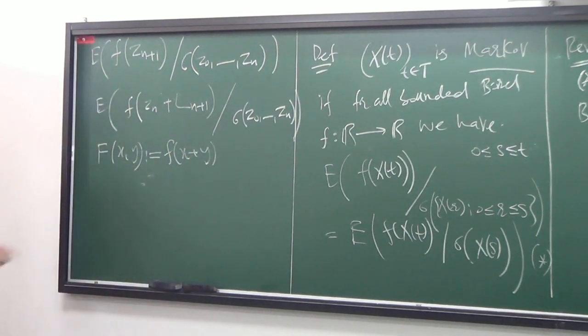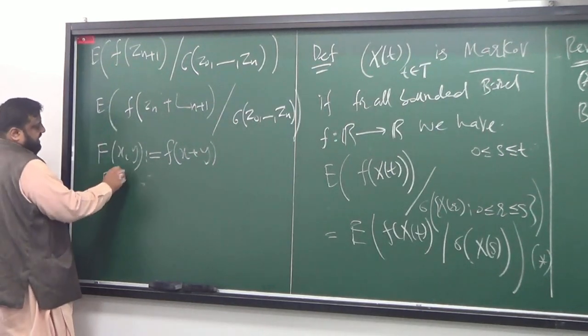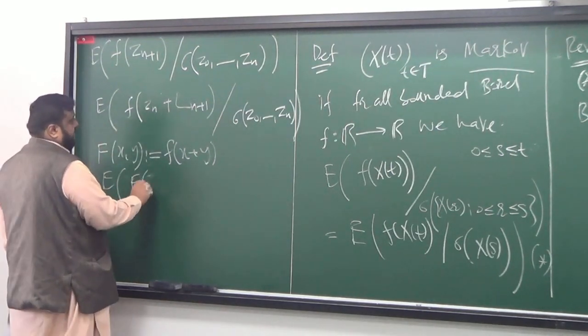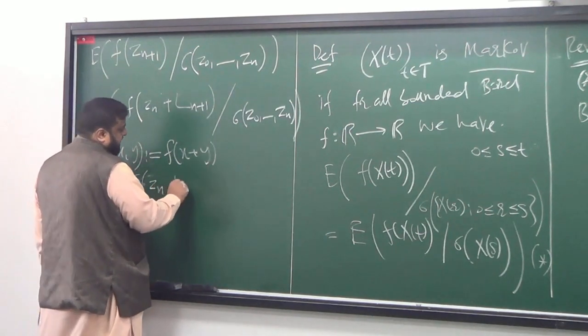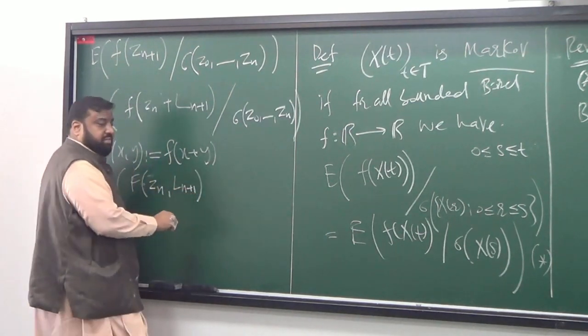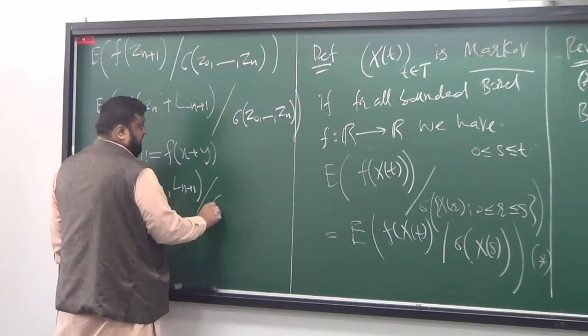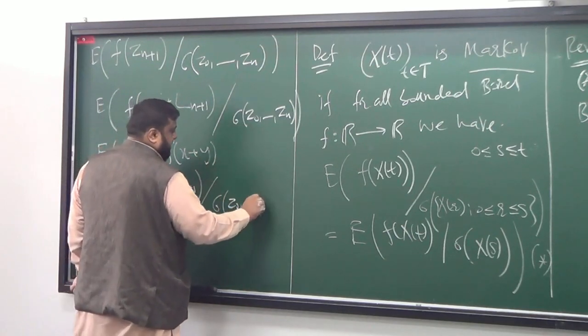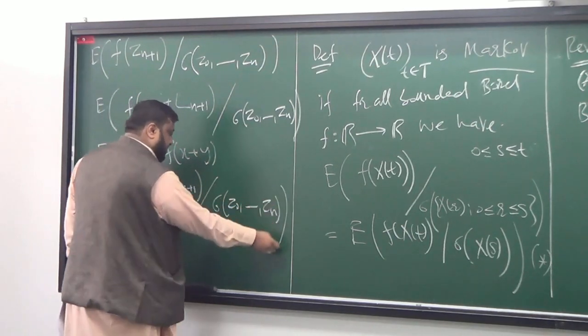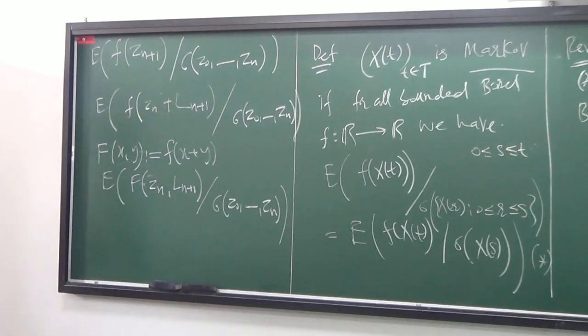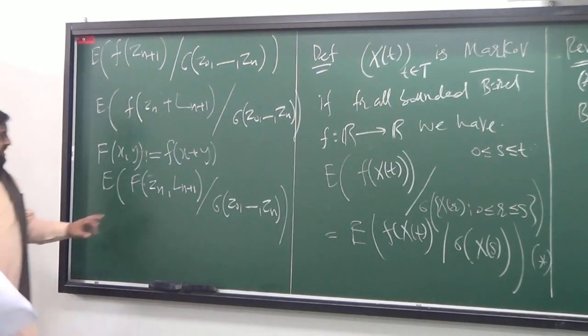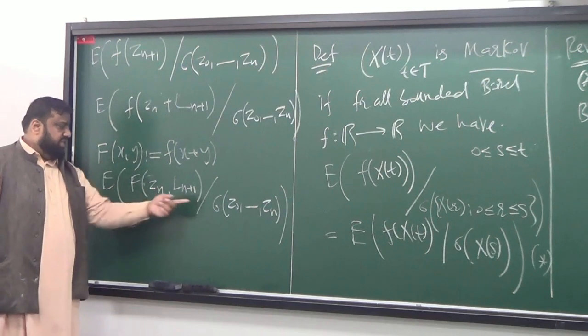Then I can see this as the expectation of F of Zn and Ln plus 1, given the sigma field generated by Z0 to Zn. Now this is measurable here.